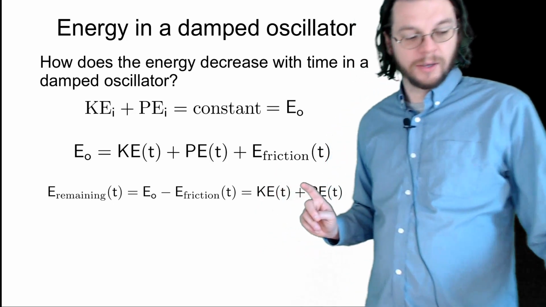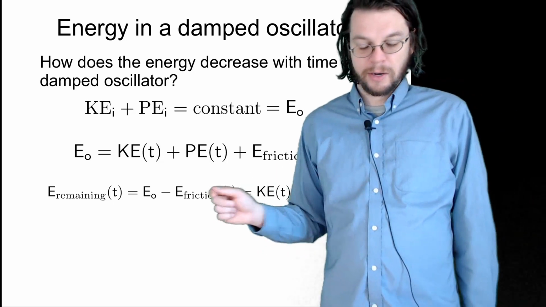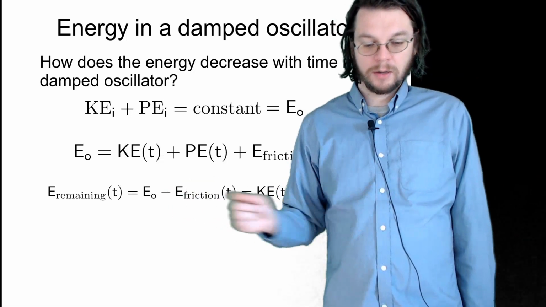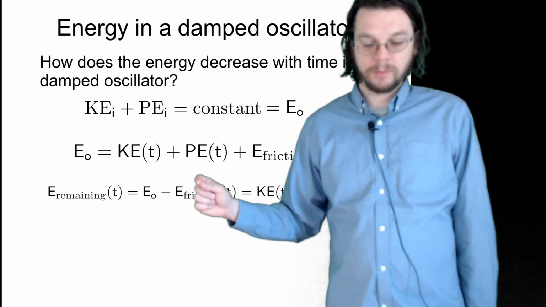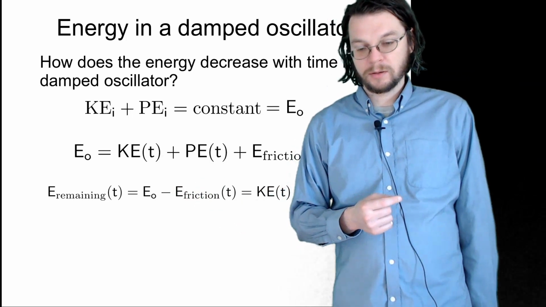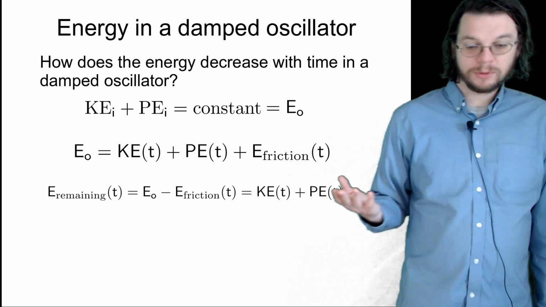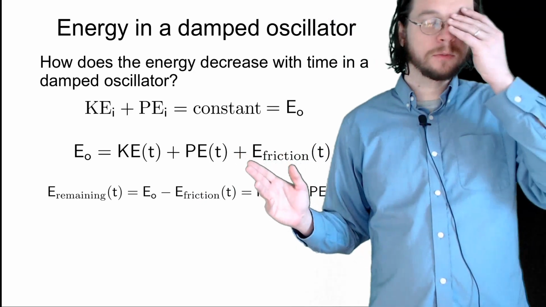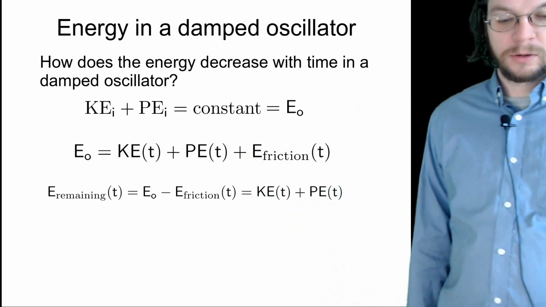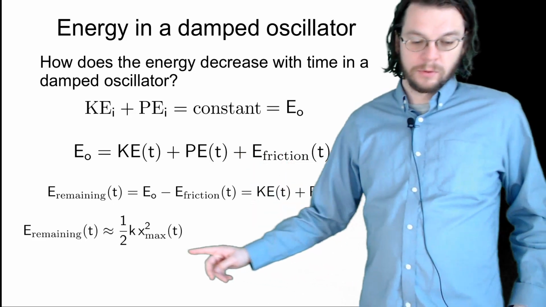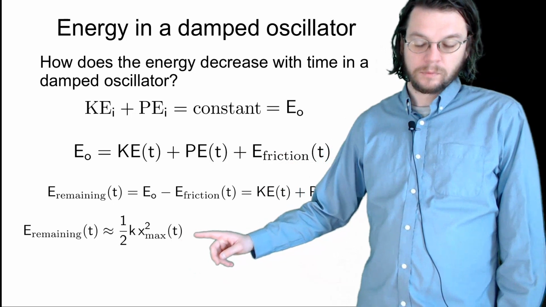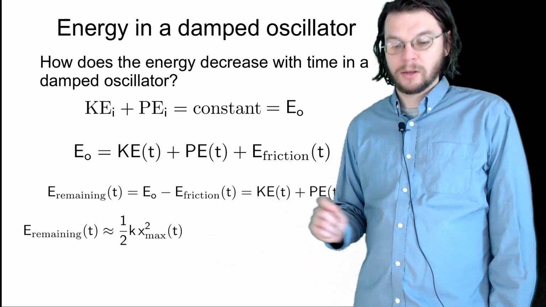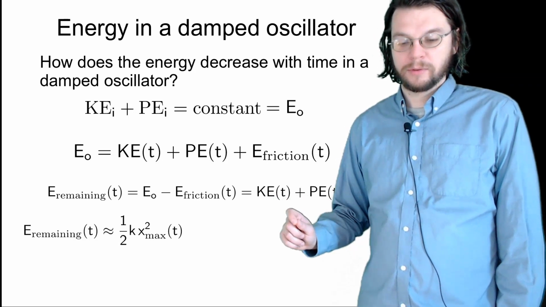Here's the trick. If you think about this thing oscillating back and forth, there are moments in that motion where the thing comes to a stop and then turns around and goes back the other way. At that moment where it comes to a stop, what do you know? The kinetic energy is going to be 0, because the kinetic energy is just 1/2 mv squared. That's also where it's going to have the most displacement.